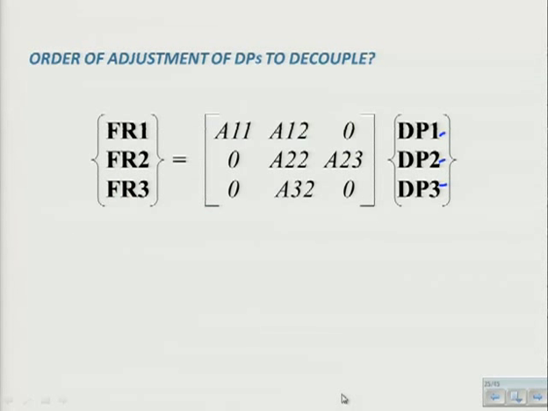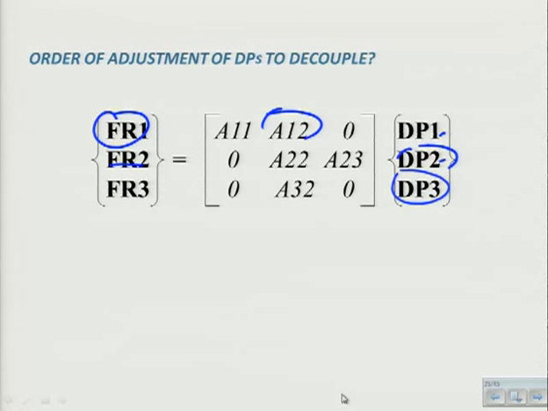Had you tried to adjust this in the 1, 2, 3 order, you would be taking FR1 out of tolerance when you did DP2, because that element, DP1, is non-zero. And if you thought you were doing DP2 to get FR2, then you do DP3, whoops, and you will take FR2 out of tolerance.